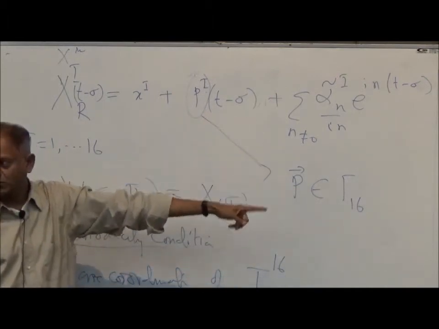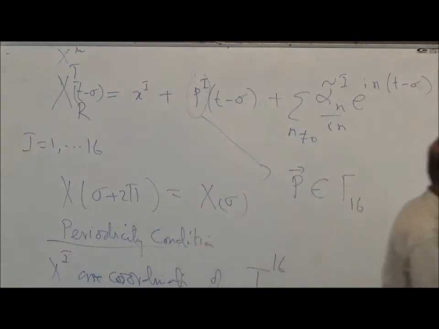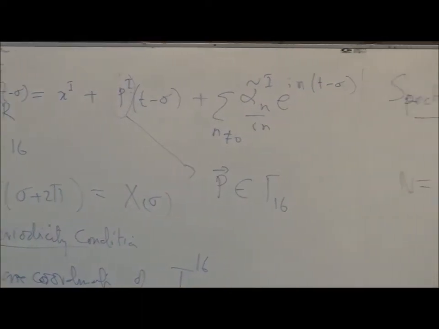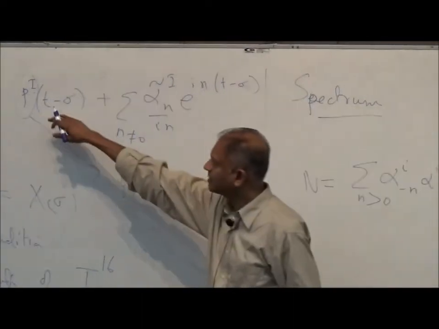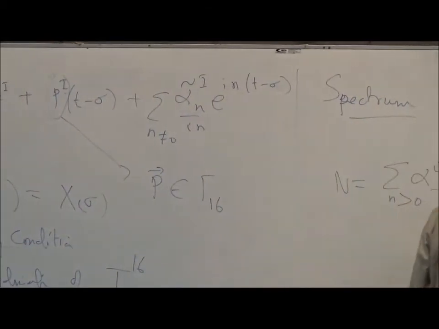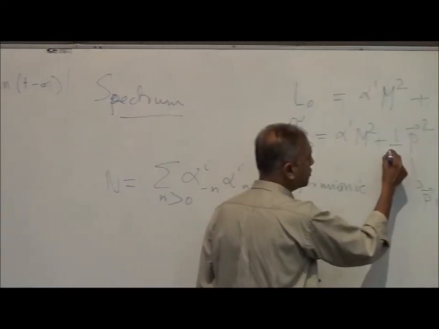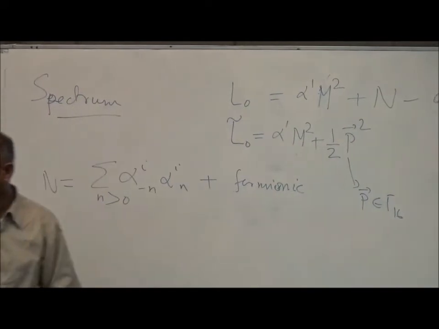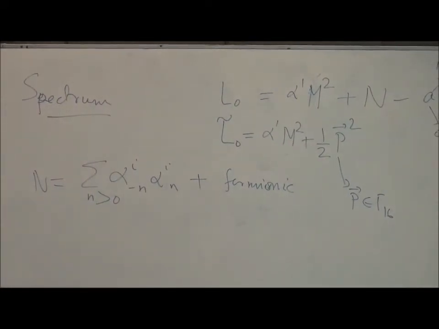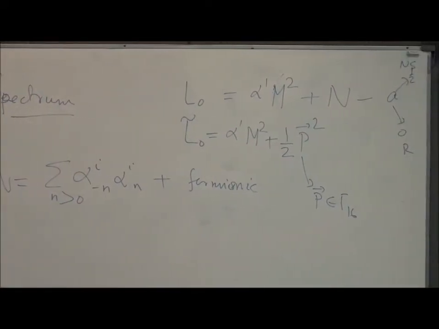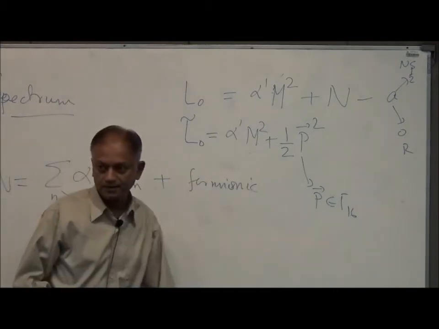That's exactly the pi squared term. Again, I will choose my normalization so that I absorb alpha primes, so that this is dimensionless, and I normalize it so that it's 1/2 p squared. You can keep alpha prime if you wish, but it's more convenient this way.